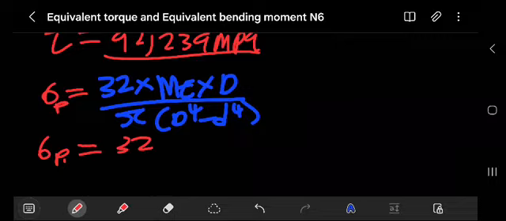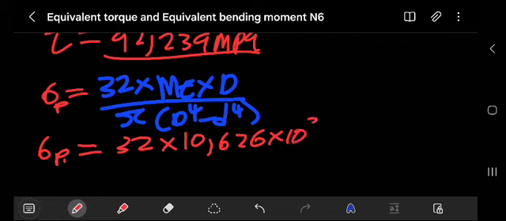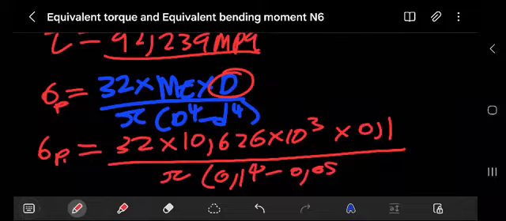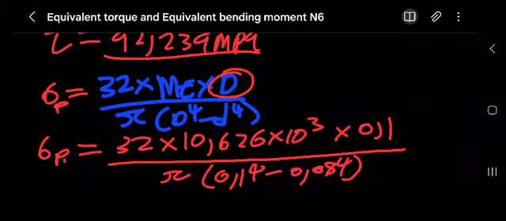Then we have 32 ME. We did calculate it there on the top. We got that to be 10,626, obviously kilo, times 10 to the power of 3, multiplied by big D. We said it is 100, so you say 0,1, divided by pi times 0,1 raised to the power 4 minus 0,08 raised to the power 4.